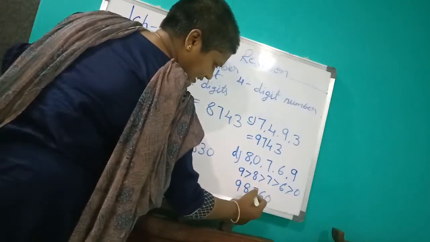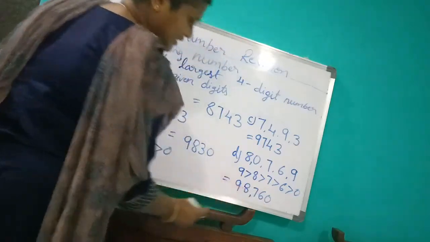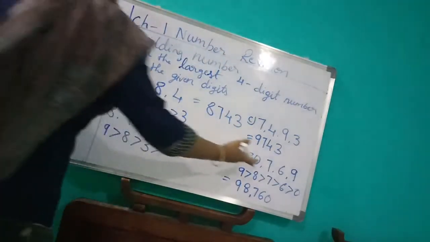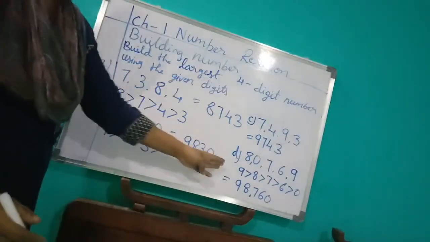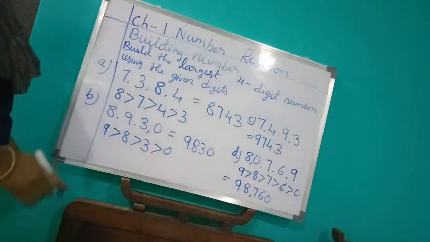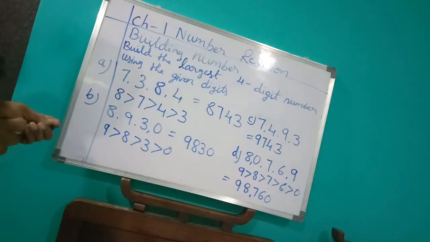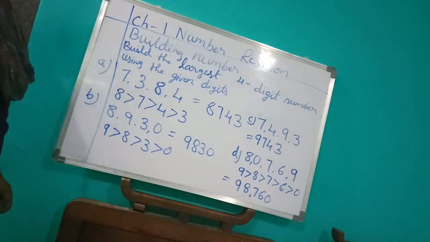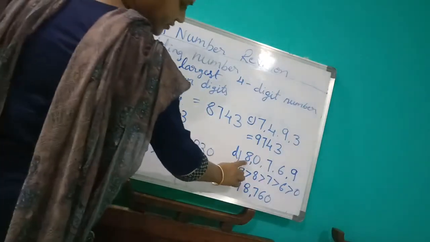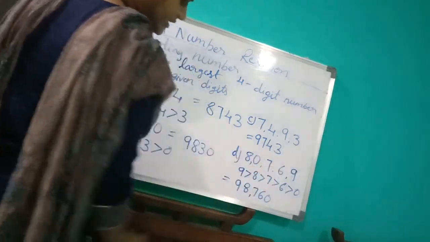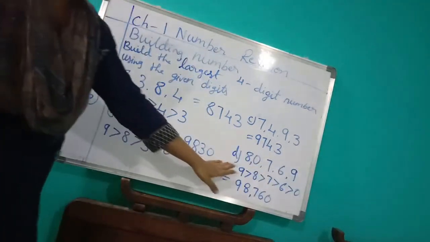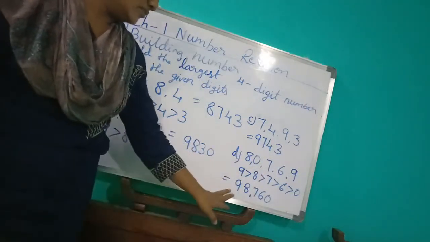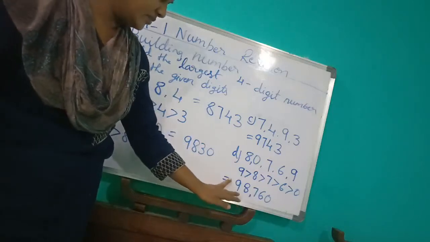98,760 is the number. This is 5-digit number. Understood? This is not 4-digit number. Because here 1, 2, 3, 4, 5 digits they given. That's why this is 5-digit number.